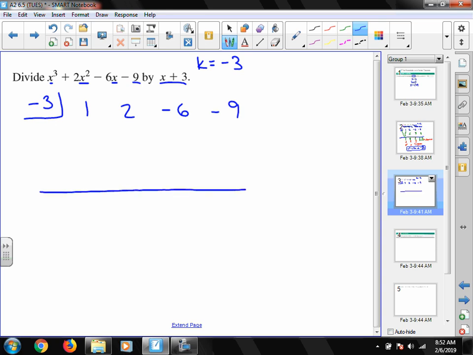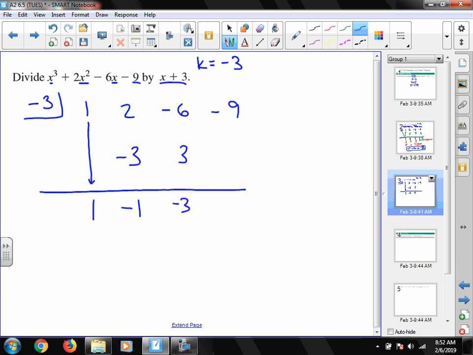Draw my line. Work through the same process. Drop my 1 down. 1 times negative 3 is negative 3. 2 plus negative 3 is negative 1. Negative 1 times a negative 3 is going to be a positive 3. Negative 6 plus 3 is negative 3.